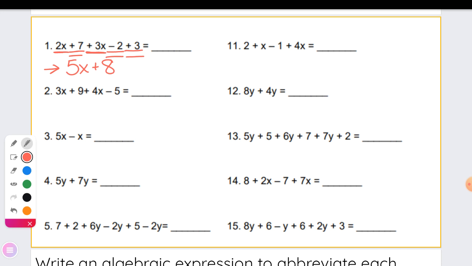Number 2. Who can give me one set of like terms? Addie, can you give me a set of like terms in number 2? 3x and 4x. Ella, what is 3x plus 4x? 7x.